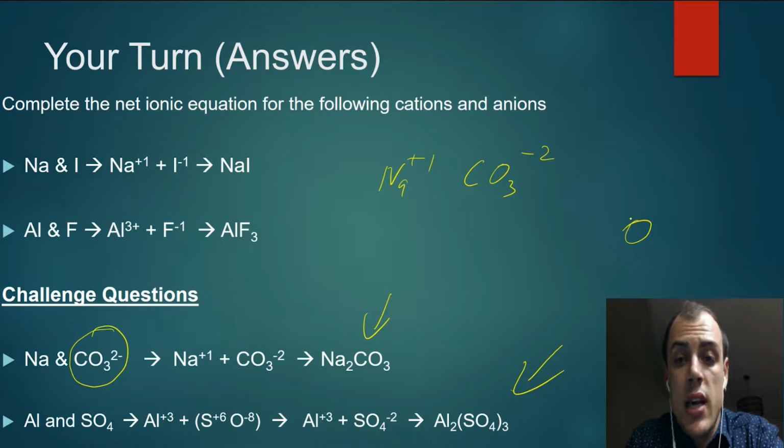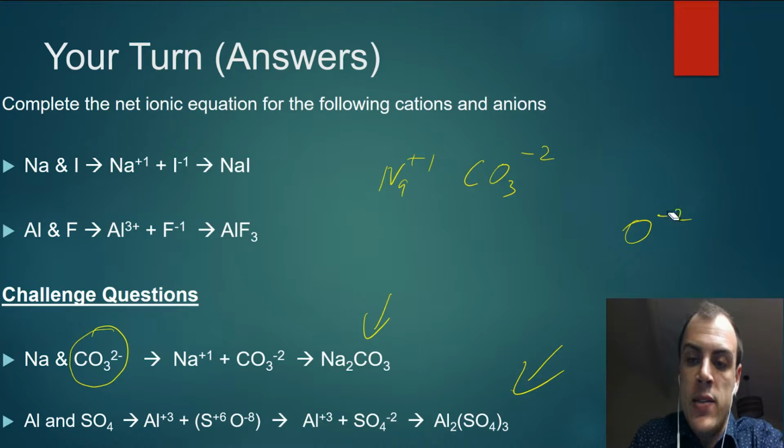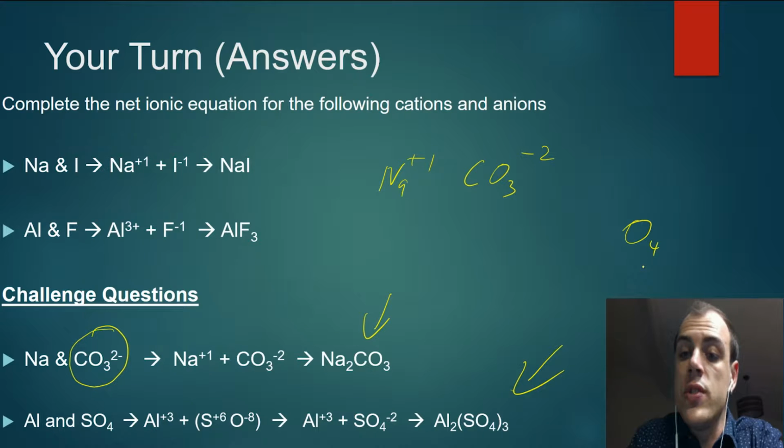So you look at the periodic table, you can see that oxygen has a charge of -2. Now there are 4 oxygens here, so we have to multiply this by 4. So that means that if we have 4 oxygens, it's going to have a charge of -8. -2 times 4.